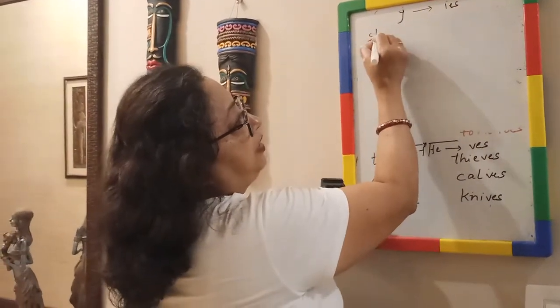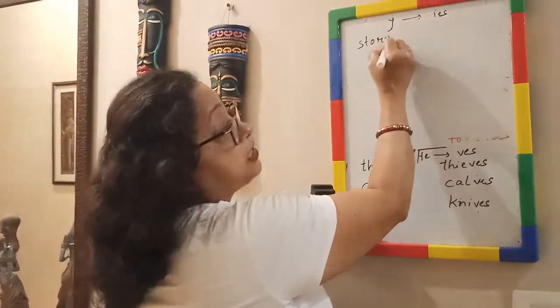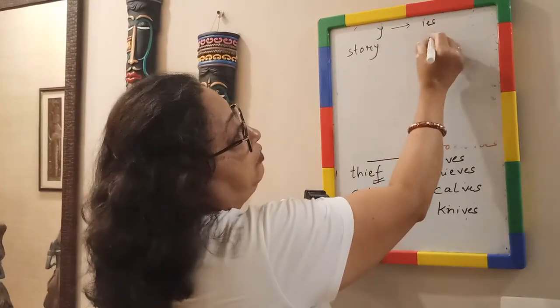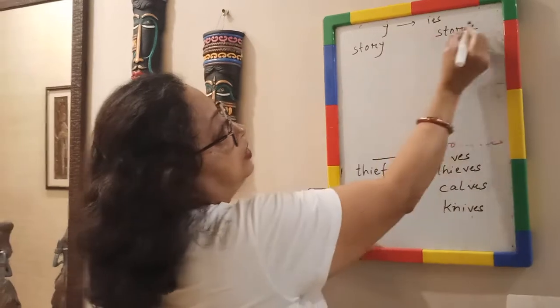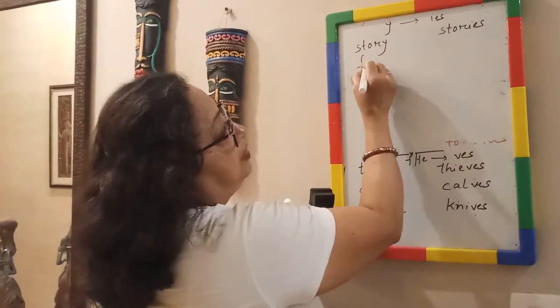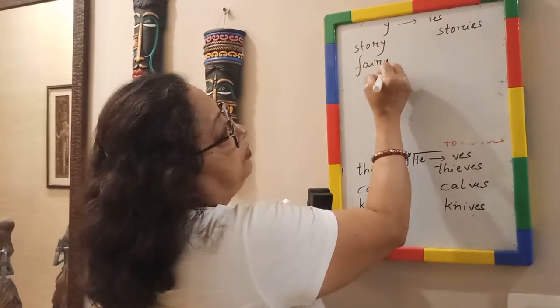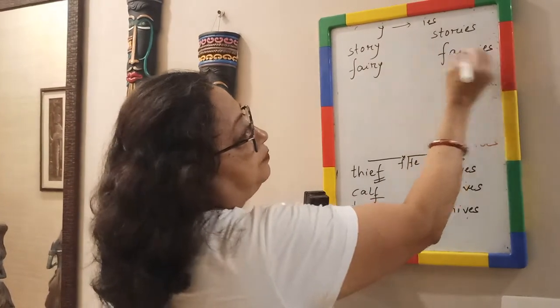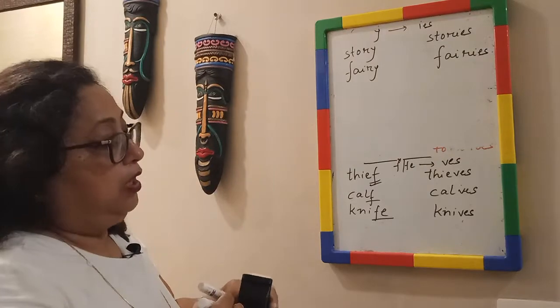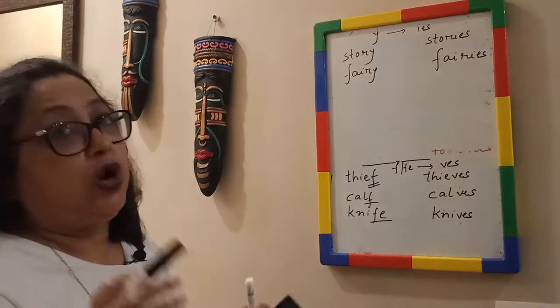For example, story. We all love to read story books. Story will become stories. Fairy will become fairies. Clear? So Y will change to IES.